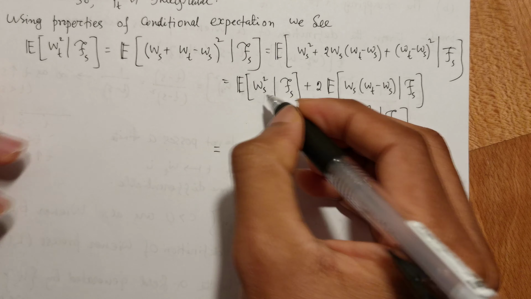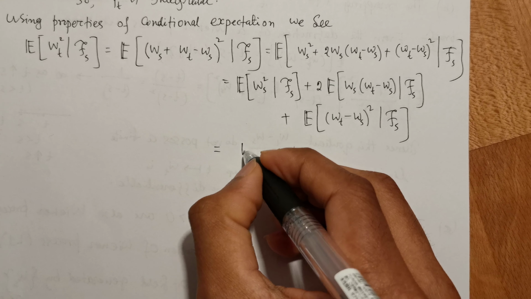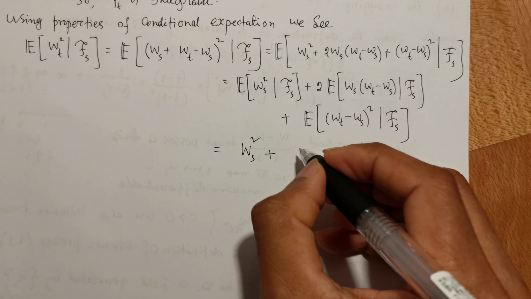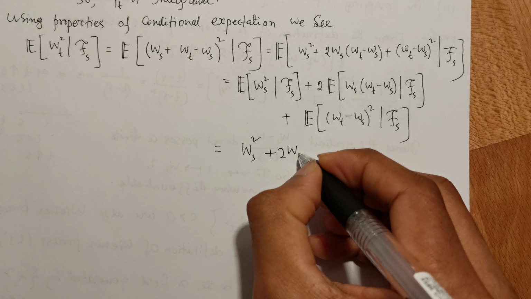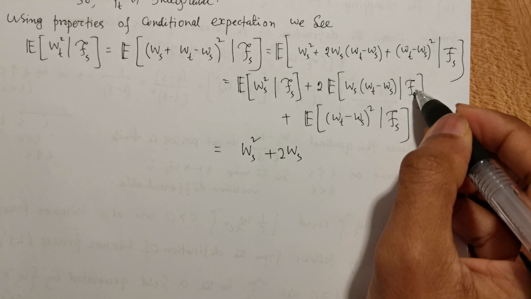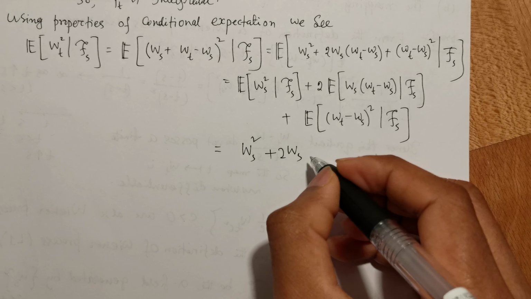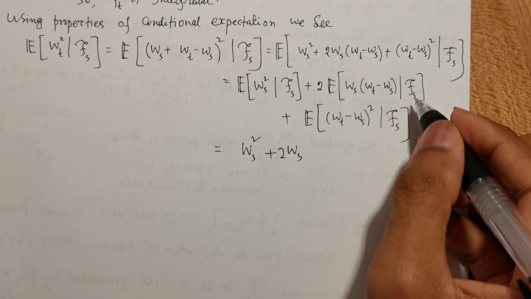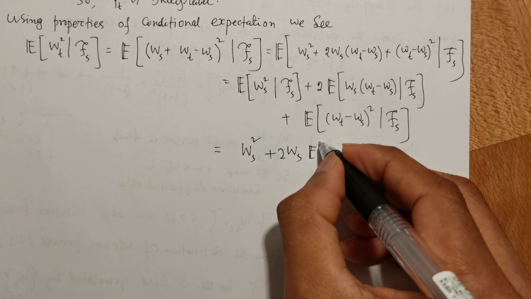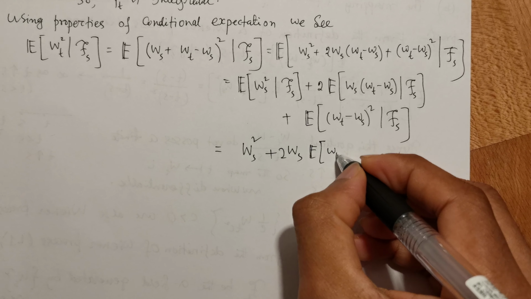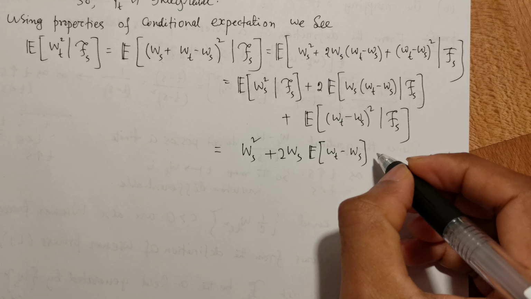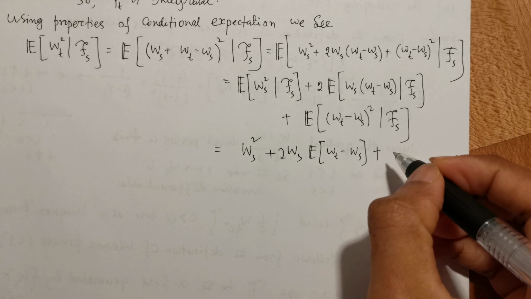Now Ws is Fs measurable, so this is simply Ws square, and we can take out Ws, and Wt minus Ws is independent of the sigma algebra Fs, so we can write this as an unconditional expectation of Wt minus Ws, which is 0, we know from the property of Wiener process.